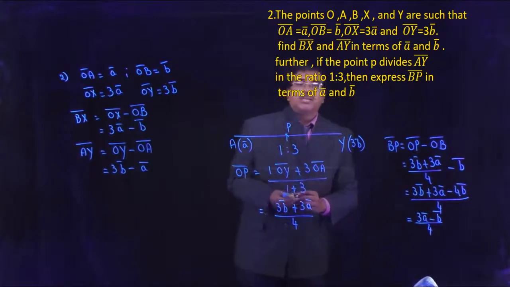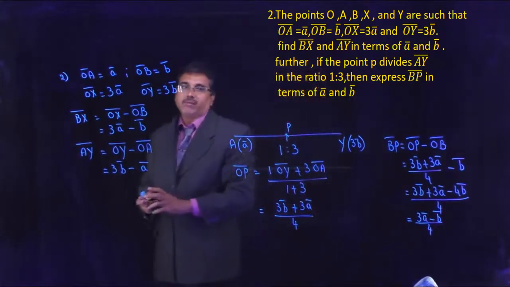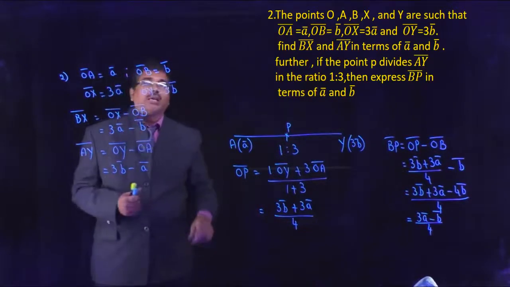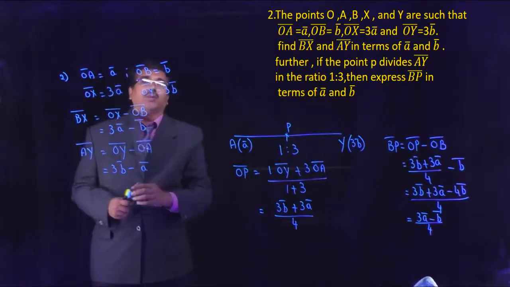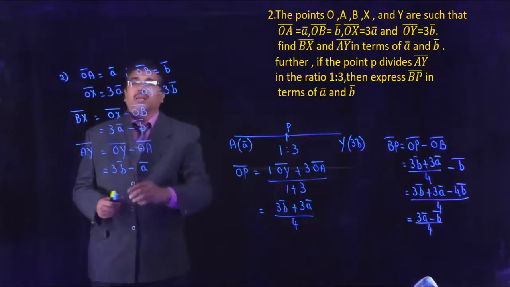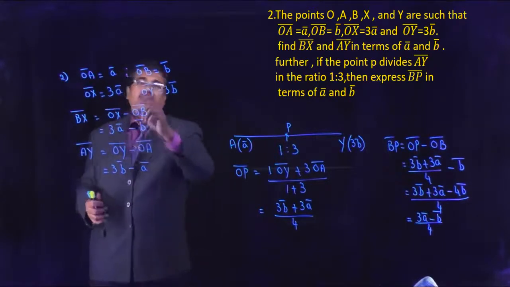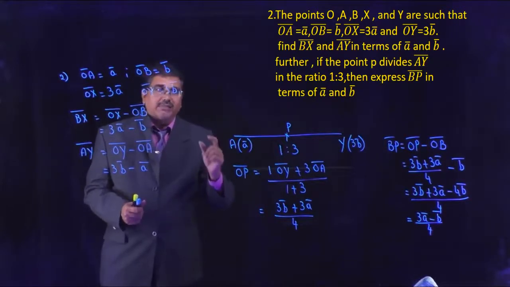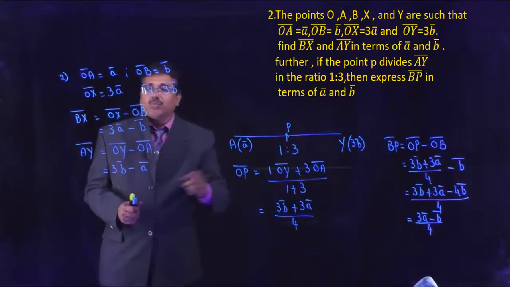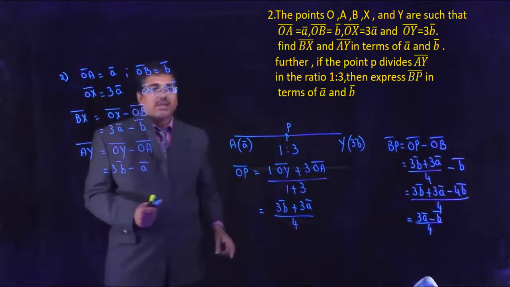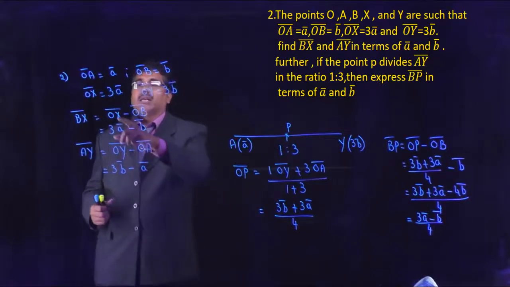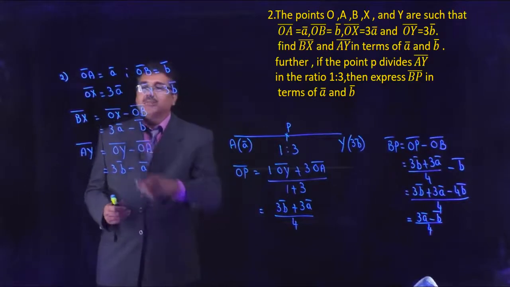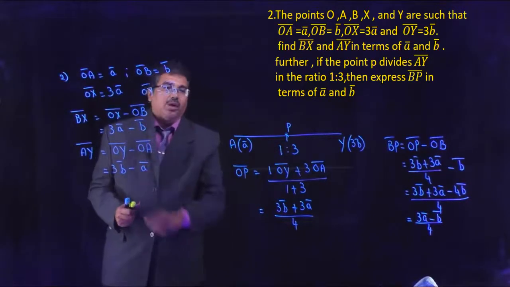Right? Once again, I will explain briefly. Given OA bar is equal to A bar, OB bar is equal to B bar, also given OX bar and OY bar. Now first find BX bar and AY bar. By using the definition of a position vector, we found BX bar and AY bar.